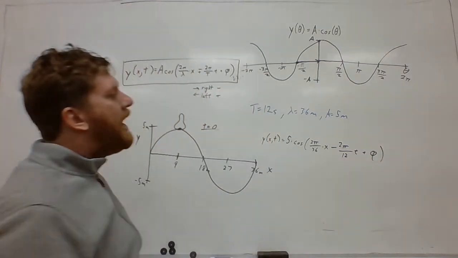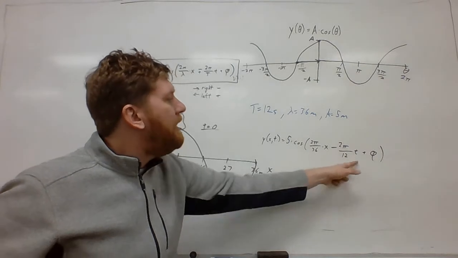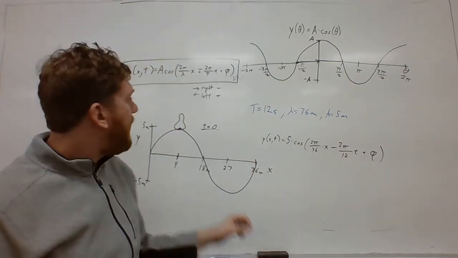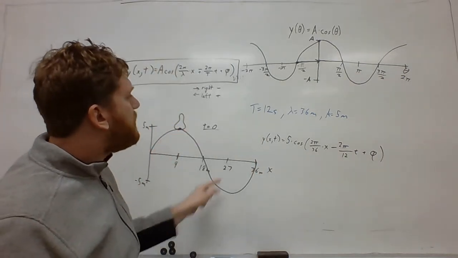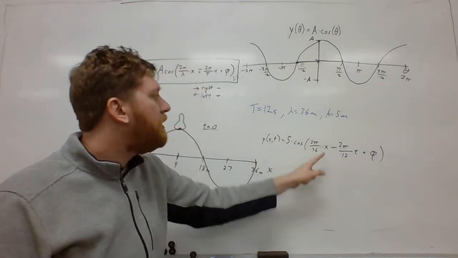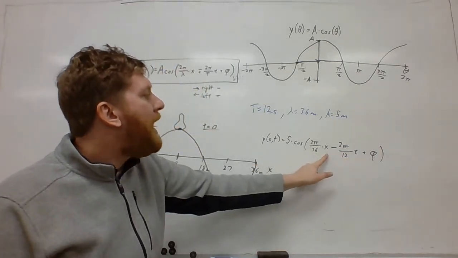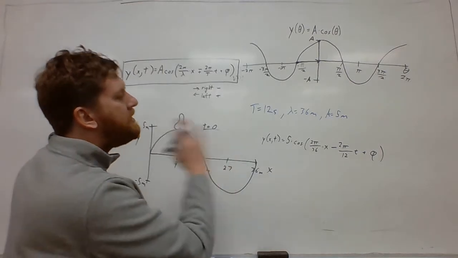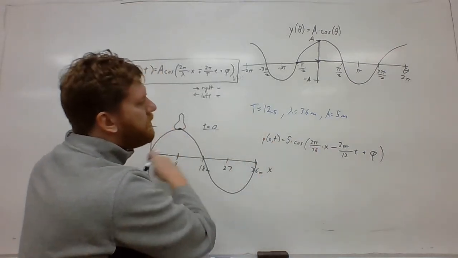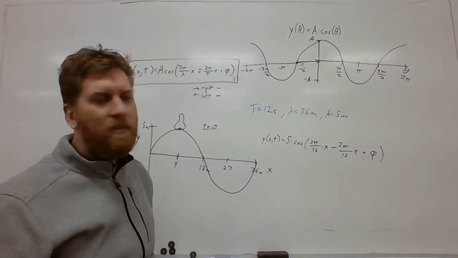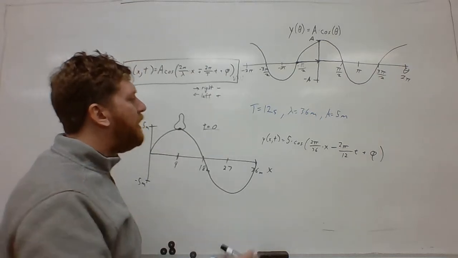We have to determine what that is. Now x and t, I'm going to leave as x and t right now. We know this graph is drawn at t equals 0, so we're going to plug in t equals 0 because we want to draw a nice two-dimensional graph, however you call it. But we need to keep x as a variable.